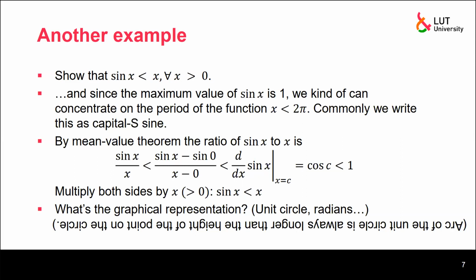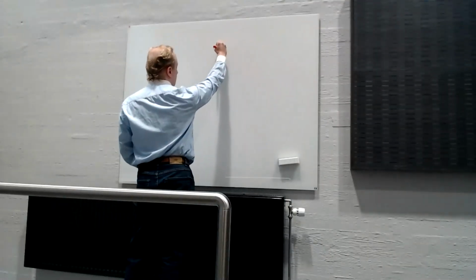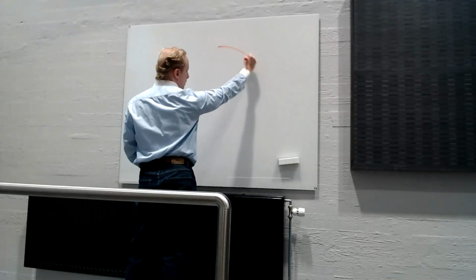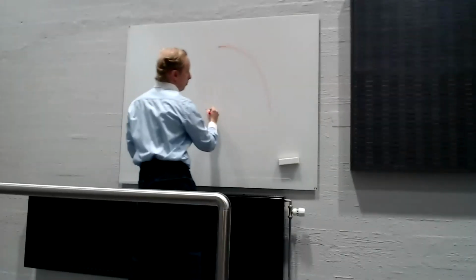This is one part where radians are quite nice, because if we define the sine with a unit circle, I'll take a little bit of a shortcut here and just draw the first quarter.